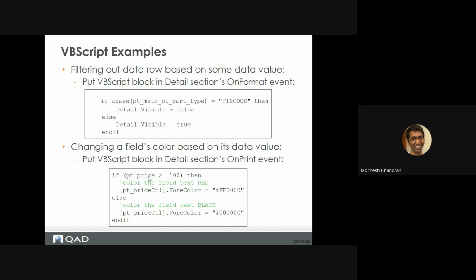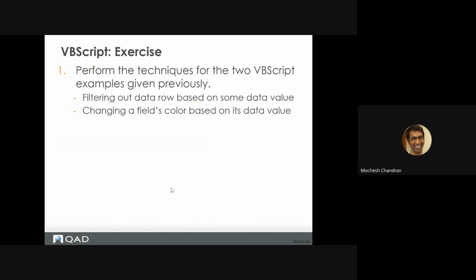There's another example where, if the price is greater than 100, we replace the control with its own name. This helps you identify that. Here, PT price control dot forecolor is set to forecolor red, and here it is set to forecolor black if the price is not greater than 100.